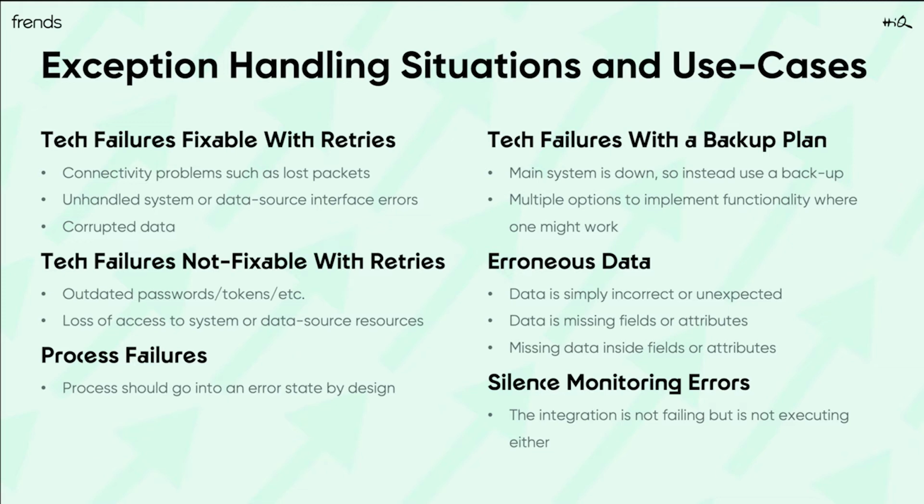Let's say we have an API where someone is sending us orders, but if no one is sending those orders, we don't have any exceptions, but the underlying business use case is still not being fulfilled. So how can we detect and deal with cases where the integration is not failing, but it's not executing either?